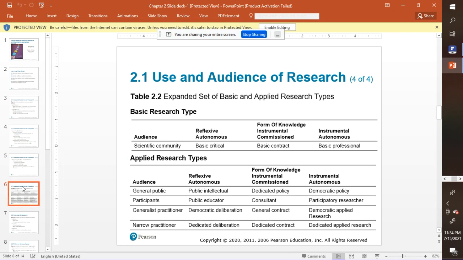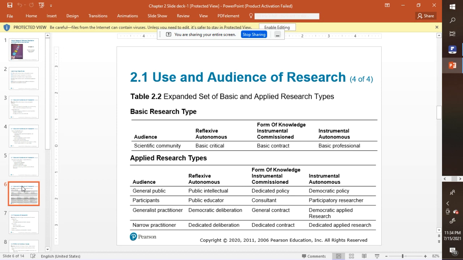In this slide we try to differentiate between basic research type and applied research type in terms of the audience, and in terms of the reflexive autonomous forms of knowledge, instrumental commission and instrumental autonomous. For audience, basic research is the scientific community, which is academic research.